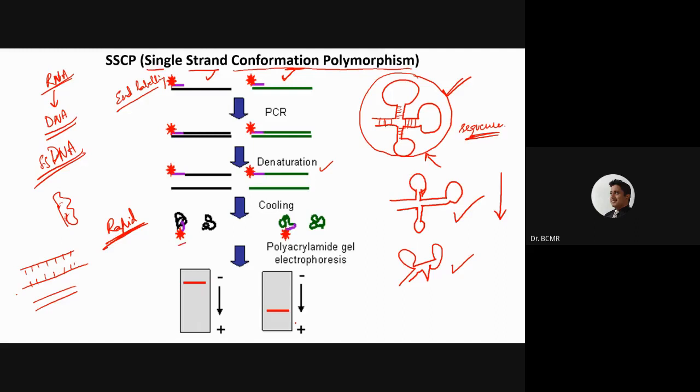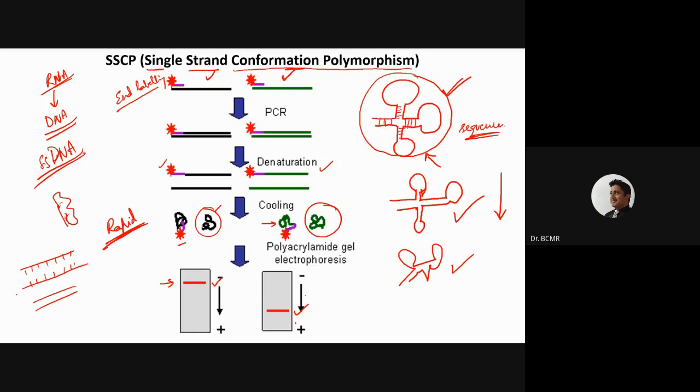And when we run electrophoresis, assume that this one is traveling much slower compared to this one. You will not be able to detect the other strand because we haven't labeled the other strand anywhere. We have only labeled one of the primers. Then now we know that based on looking at the gels, you have seen that one is traveling slower compared to the other one.